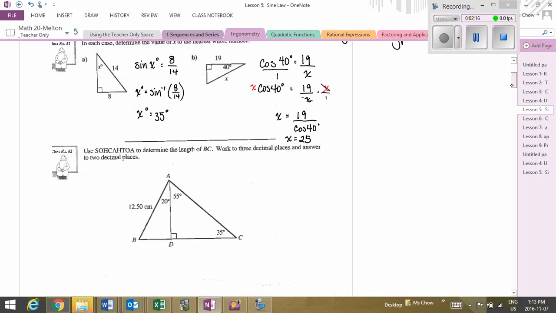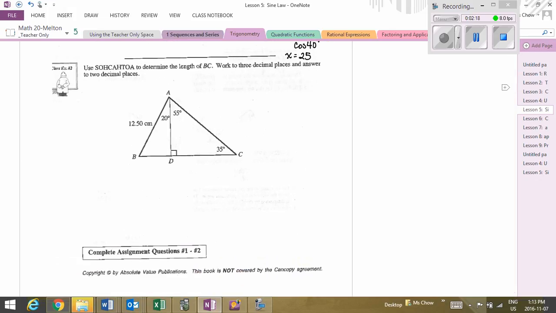Again, it gets a little bit more complicated when we have a triangle that is not a right triangle. If we look at triangle ABC, that is not a right triangle.